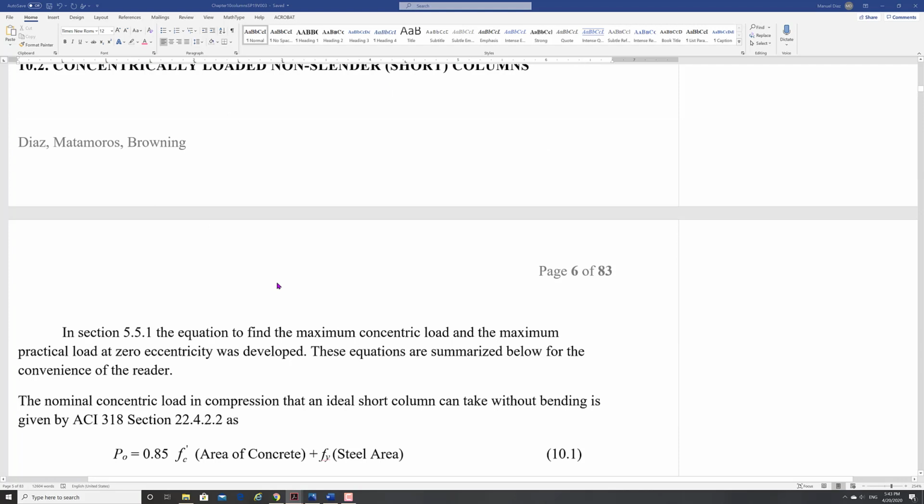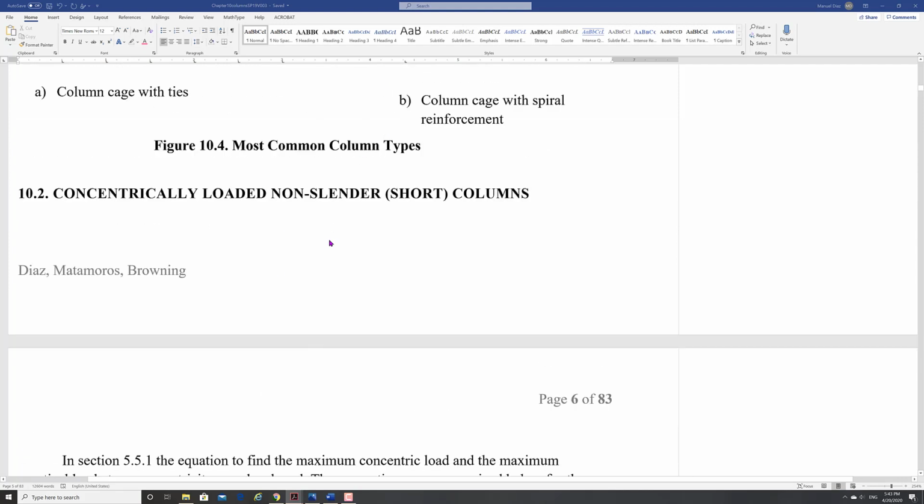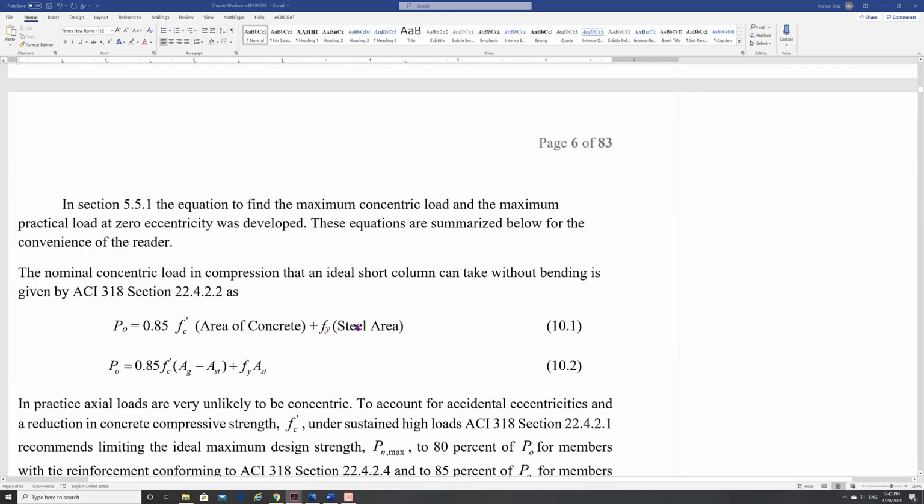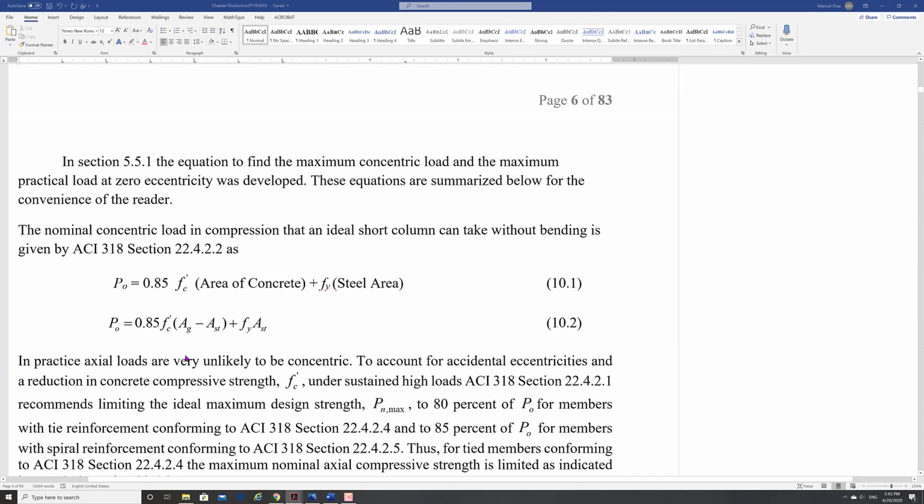All right, so concentrically loaded columns, the short columns, we've done this already. We developed all these equations in chapter 5. This is your maximum ideal load that you can develop in a member. We don't use that.